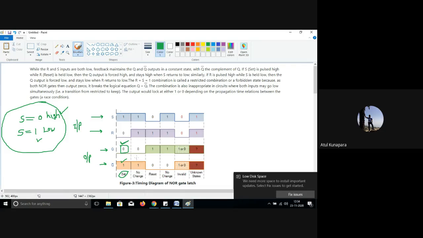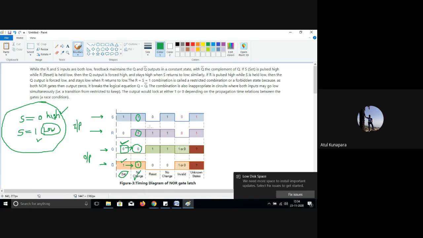Now in the next cycle, if you apply both 1 1, that means both are logic low, right? 1 1 means both are logic low, and that is the no change condition. So you can see your output Q remains as it was previously, and Q bar also remains the same. So there is no change in the output, and that's why it is called no change.